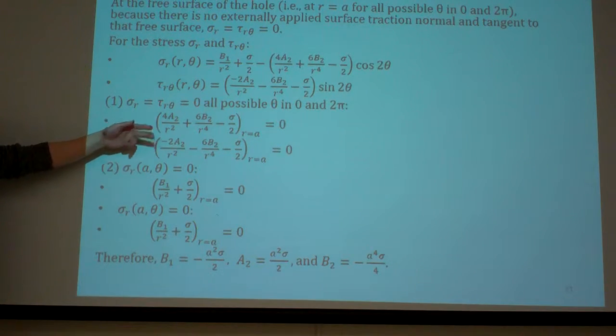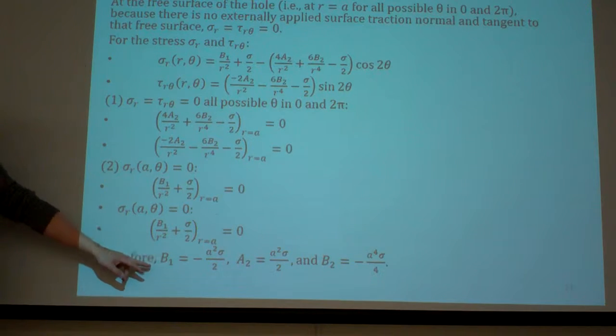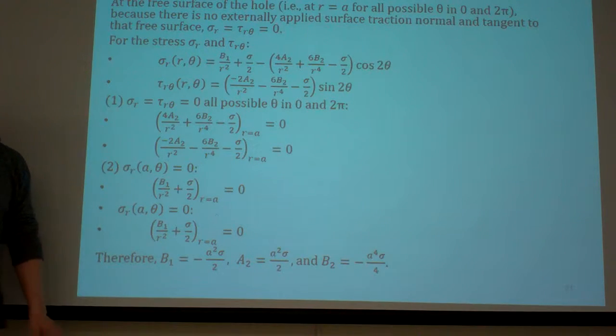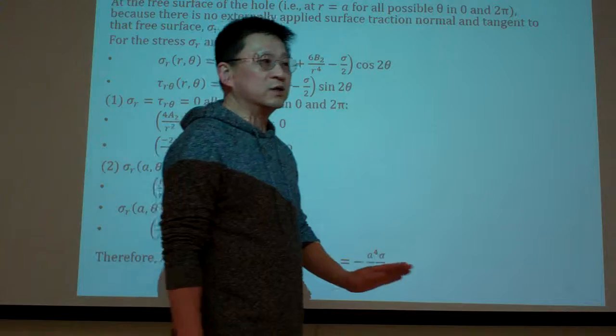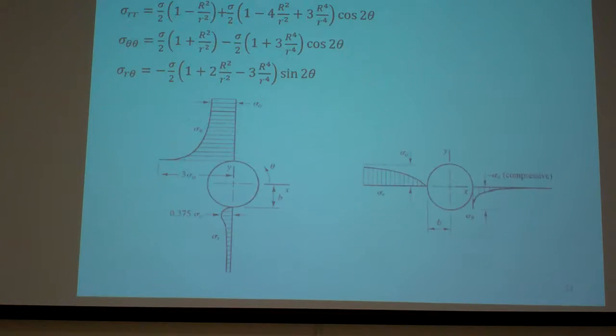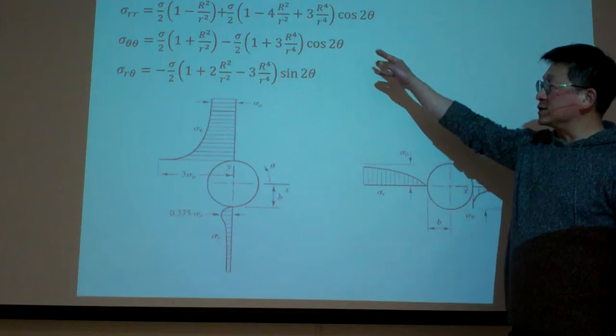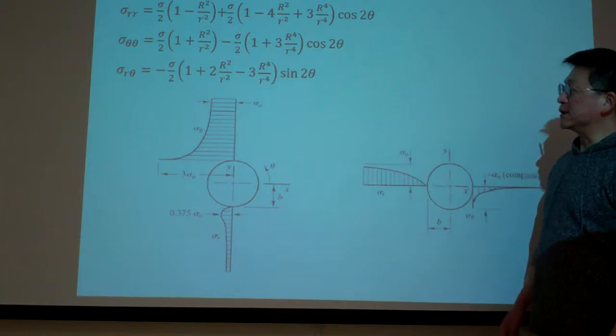In total, 3 equations allow us to solve for the 3 unknowns, B1, A2, B2. To this point, we have completely solved those unknowns. In this slide, this is the total solution, the complete solution based upon the boundary conditions here.